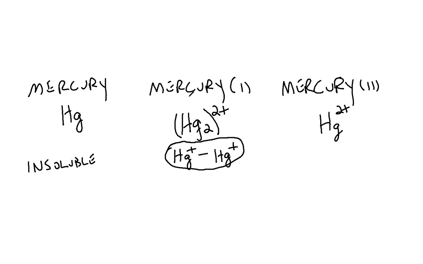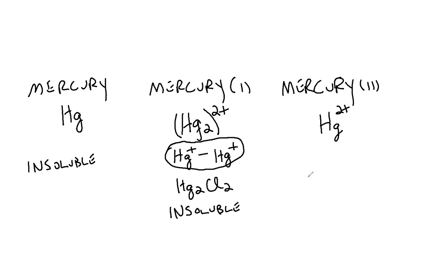The mercury 1 ion, if we have the compound Hg2Cl2, mercury Roman numeral 1 chloride. Chlorides are usually soluble, but this mercury Roman numeral 1 is an exception. So this compound is insoluble in water.